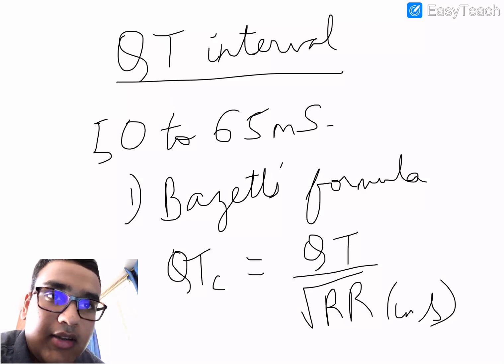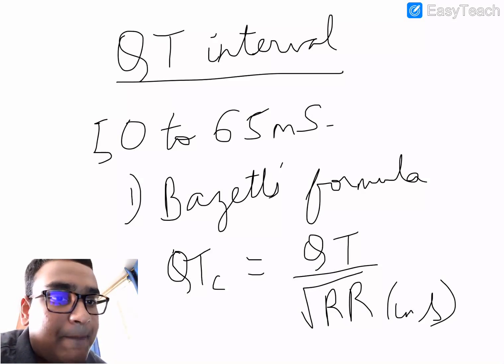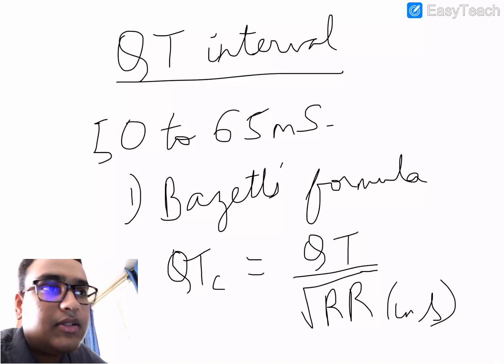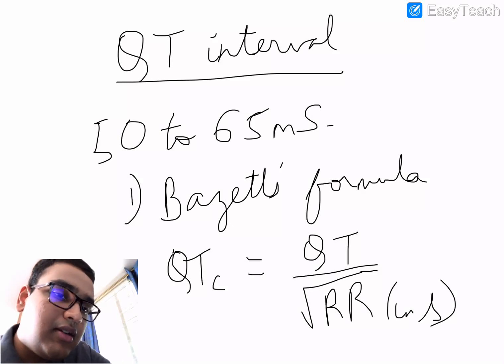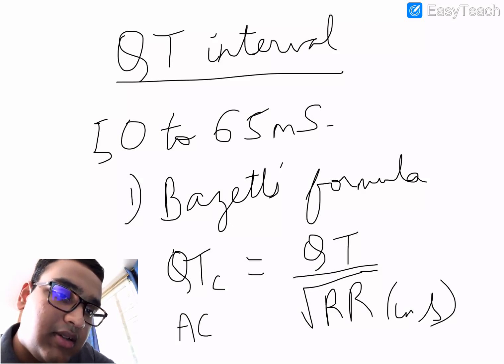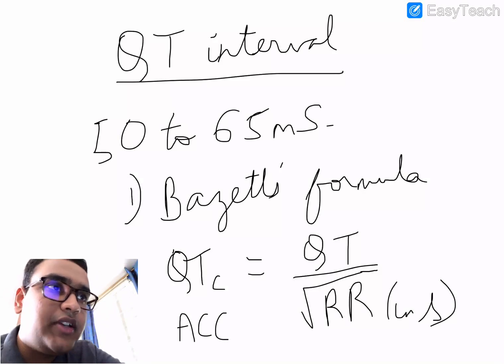Why do we measure corrected QT interval? Because QT interval changes with each beat. It can change by 50 to 65 milliseconds normally. So corrected QT interval is equal to QT of one beat divided by square root of RR interval. That is one. There are other formulas also. The American Cardiology Association has also given a formula which is beyond the scope of this video.